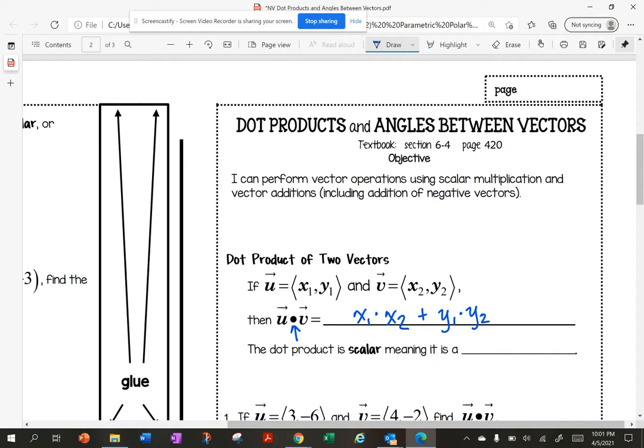And the result of the dot product is a scalar, and a scalar means it is a magnitude only. There's no direction with it. So that means it is not a vector. It is just a number.